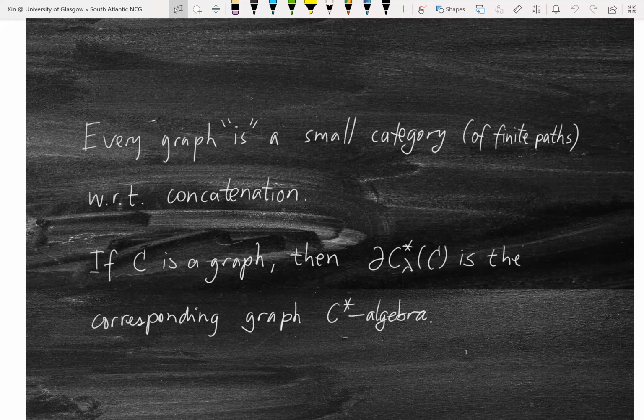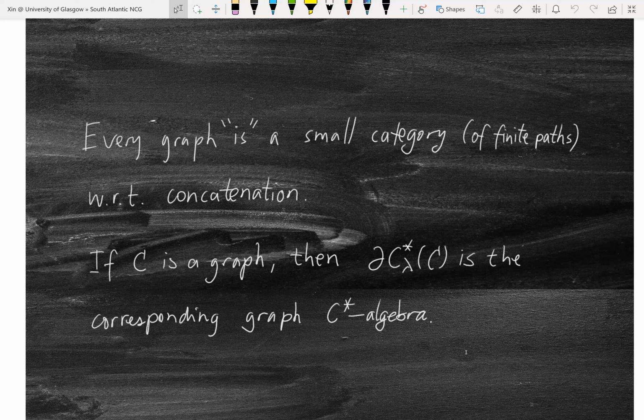It's so natural that usually I just identify the graph with the category, although they're not the same. The category is just given by the finite paths in your graph, and you multiply them by putting them together, so you get a longer path, by concatenation. It's in a way a free situation, because you just get longer and longer words, but you have no relations.